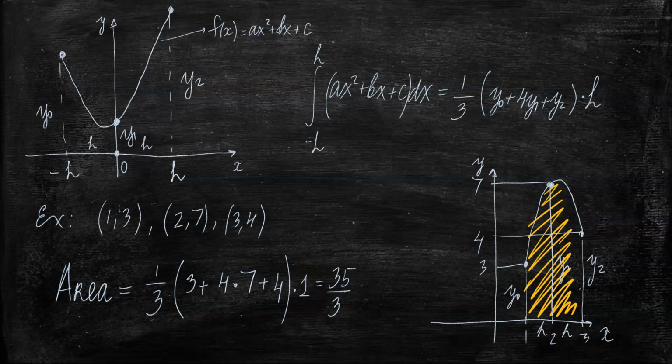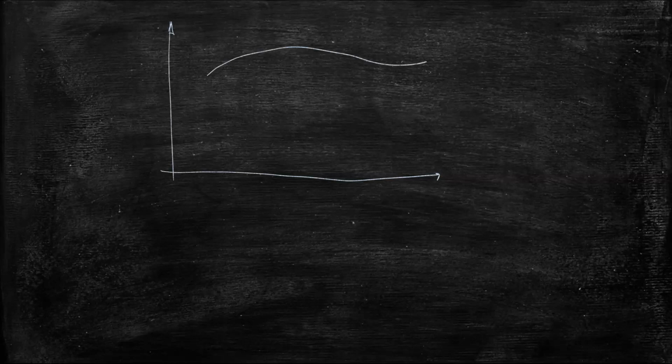So what is the idea behind Simpson's way to approximate the area under some function f of x on the interval from a to b?